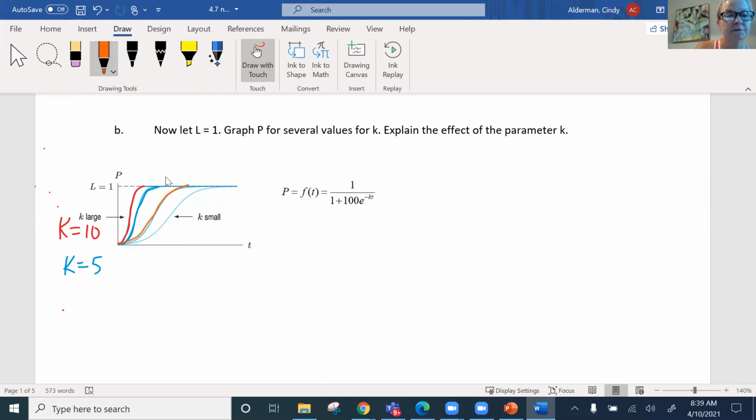Here, we've got k equal to 1, and so on.